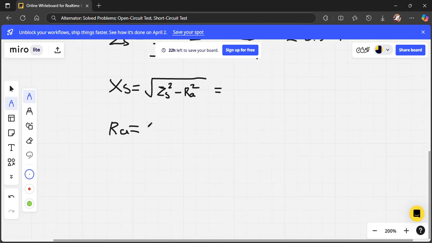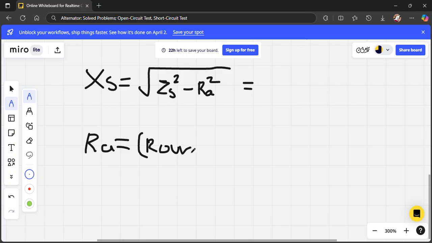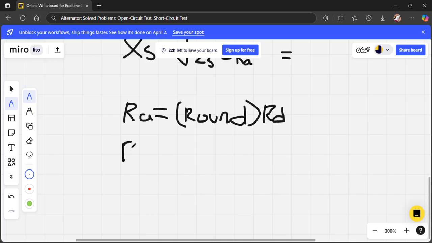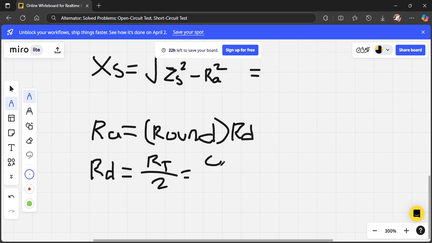RD is equal to RT over 2. So we have an RT of 0.8 in our given, divided by 2. It's 0.4.